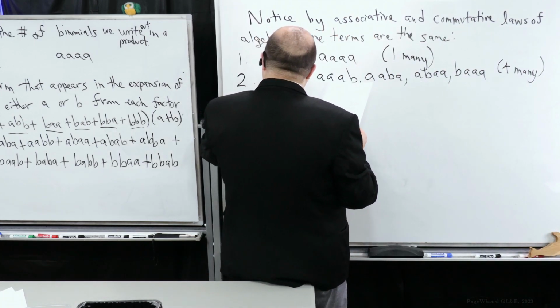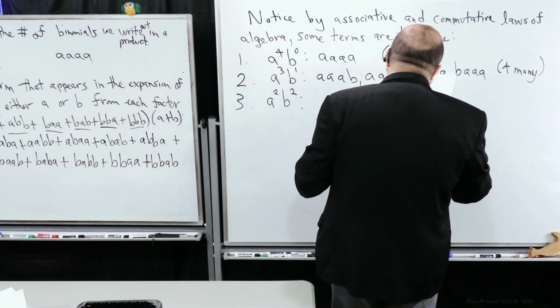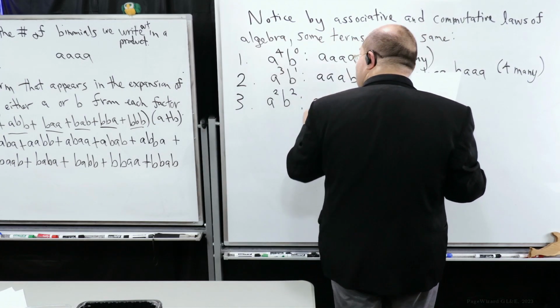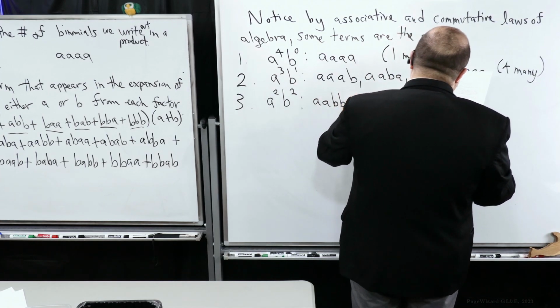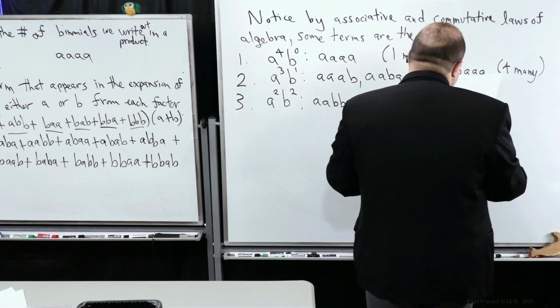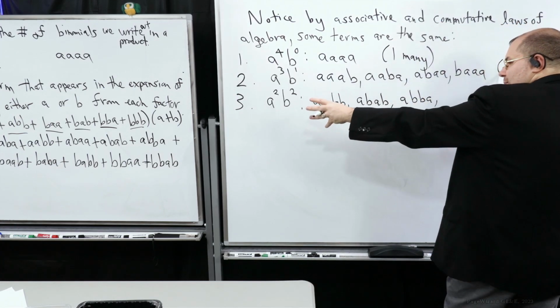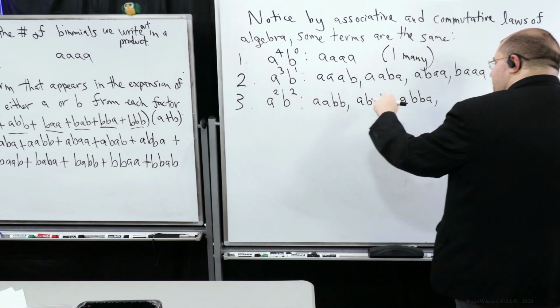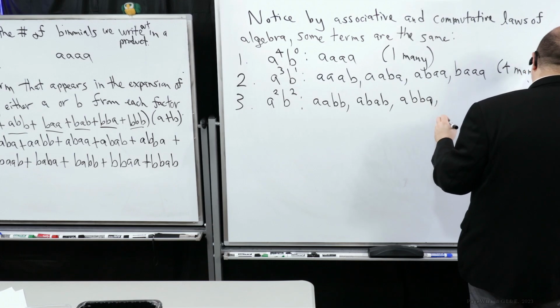Next, let's consider when we have 2 A's and 2 B's. I'm going to list all the ones with 2 A's and 2 B's so that you can see how many of them there are.